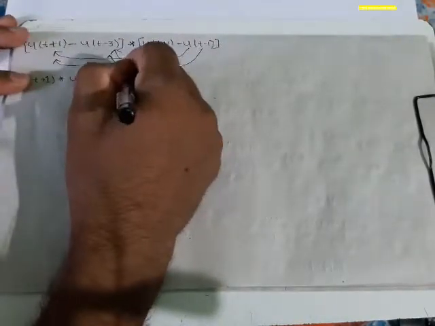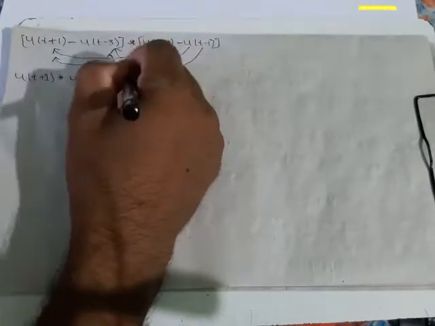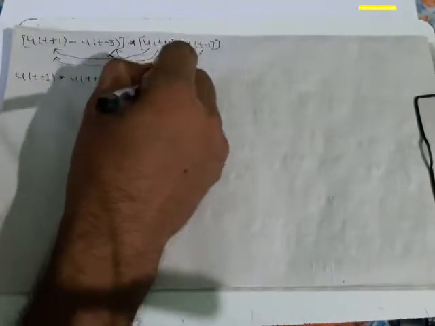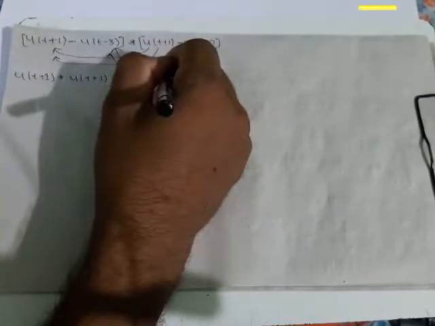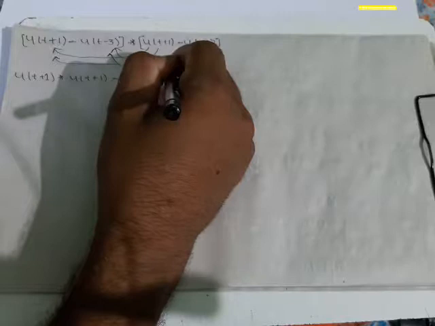It is also minus, and it is also minus, so minus minus plus: plus u of t minus 3 convolution with u of t minus 1. So this is the third and this is the fourth convolution.